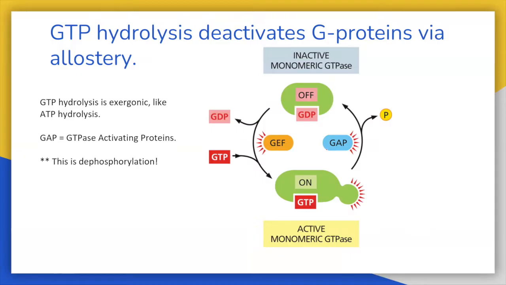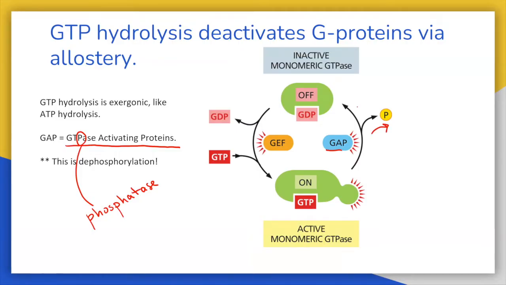And the GAP protein stands for the GTPase activating protein, where the P here stands for phosphatase. A phosphatase is a molecule that removes phosphates. And in this case, it's removing the phosphate from GTP, which has 3 phosphates.